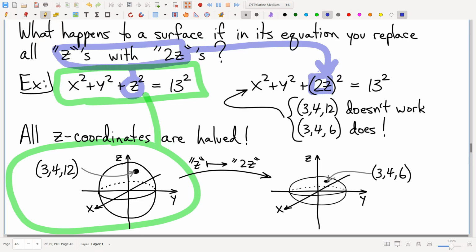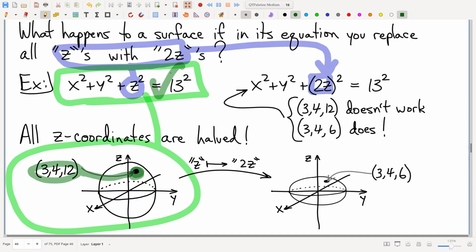So the question is, in what way will this surface be different? Now, I like to think this through in the following sense. Here's a point, this point here, 3, 4, 12, satisfies that equation, easy arithmetic. By the way, that's an example of what's called a Pythagorean quadruple, kind of like a Pythagorean triple, a little bit different.